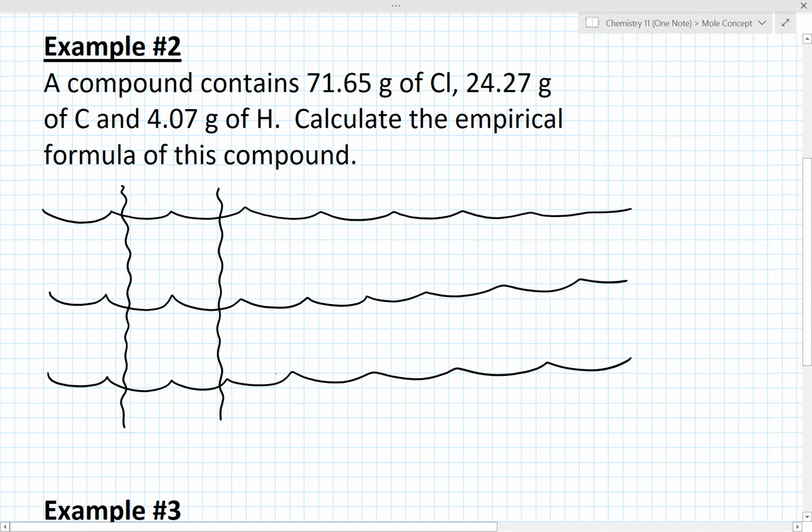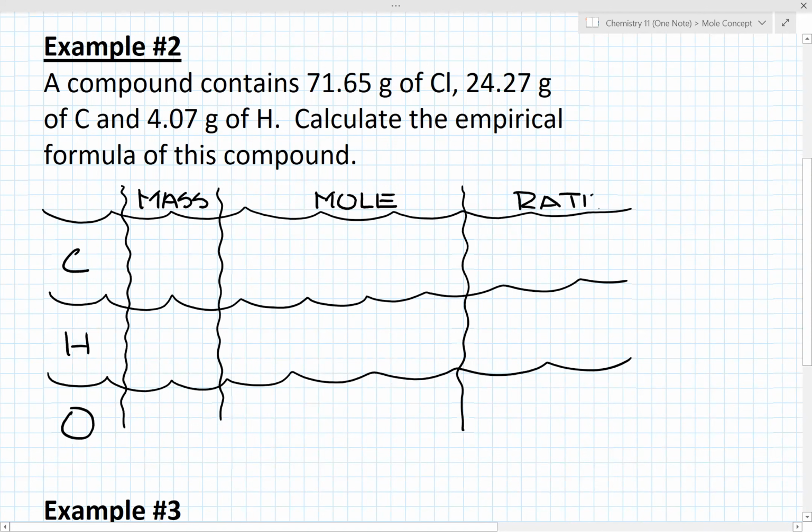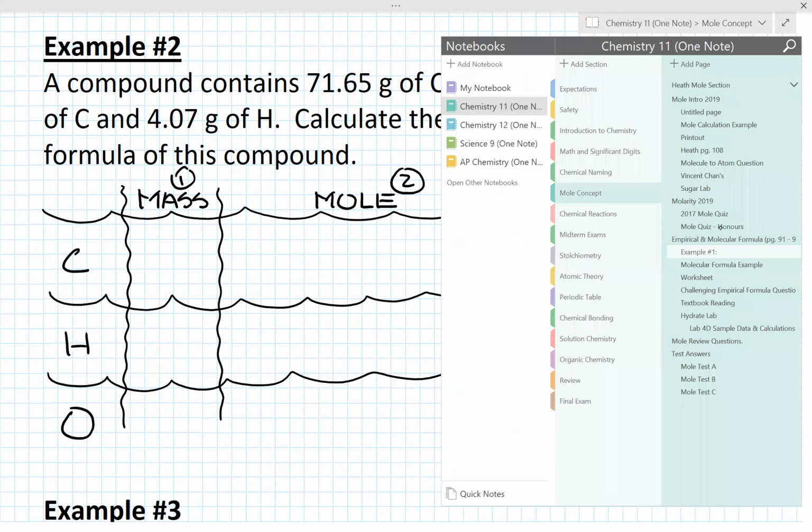So we have our element: carbon, hydrogen, and chlorine. Then we have the mass, here we have the mole, and here we have the ratio. The mass, the mole, and the ratio equate to step 1, step 2, and step 3 that we talked about in our notes.